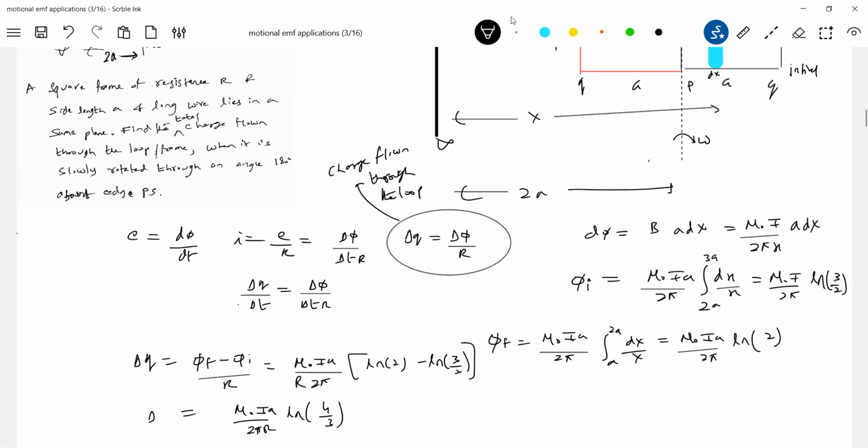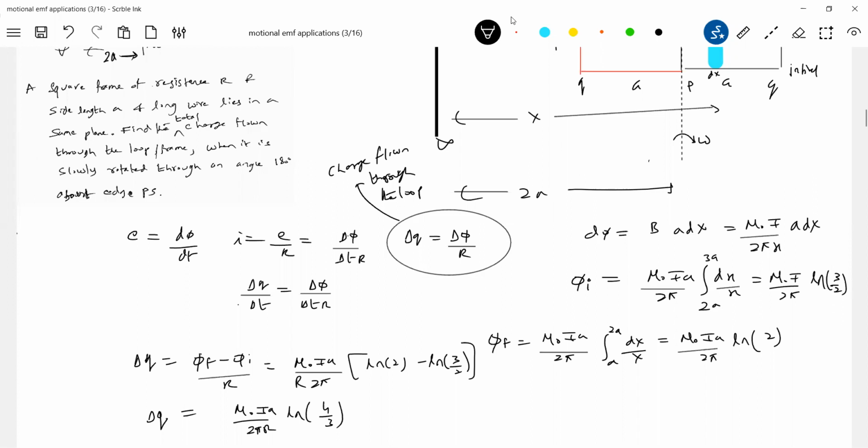So the charge flown through the loop and the change in flux are related. Very important, it can be asked in Advanced, not only in Main. You can also do this by another alternative method: at any arbitrary location, calculate the flux linking the loop, as it is rotating, where the plane of the loop makes some angle with the XY plane.